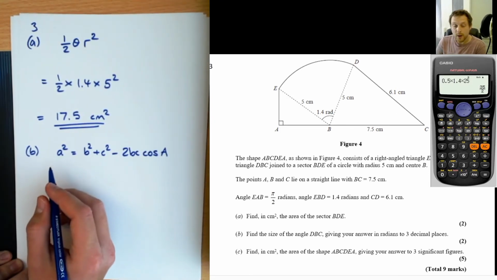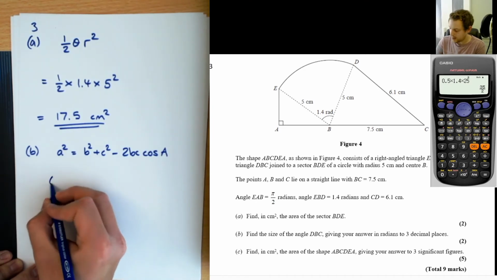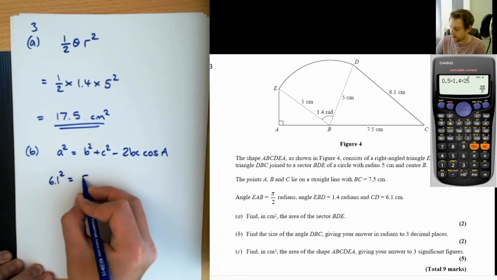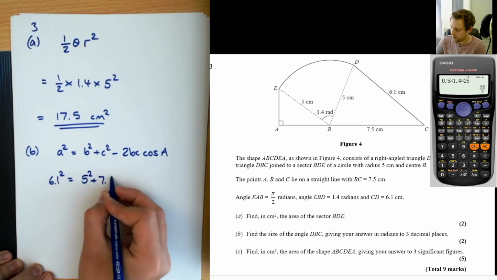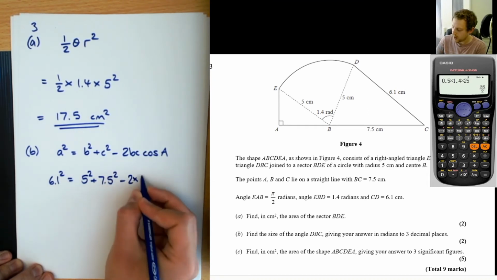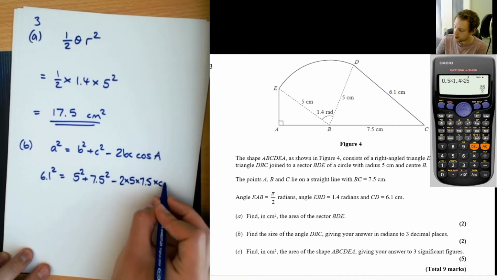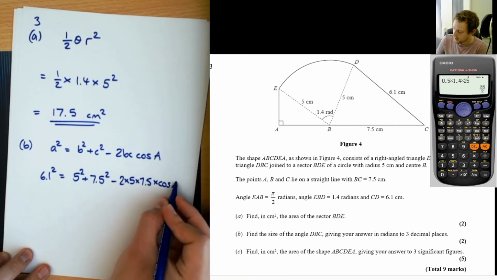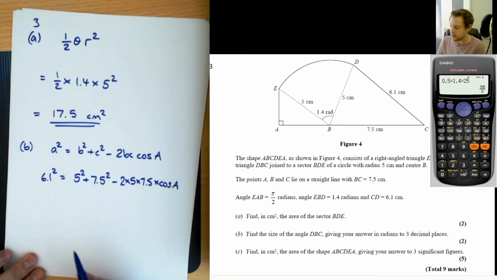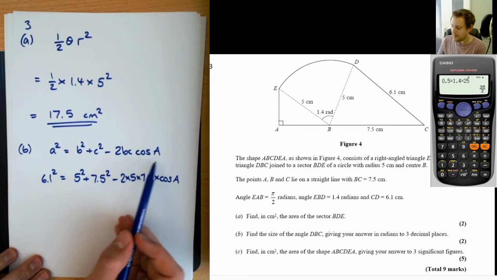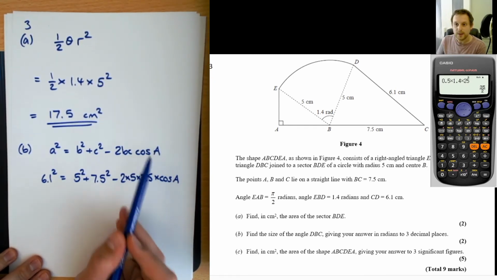So what have we got? We've got 6.1 squared is 5 squared plus 7.5 squared, take away 2 times 5 times 7.5 times cos a. I'm not talking about the a in the question though, obviously. I'm talking about my a from this.